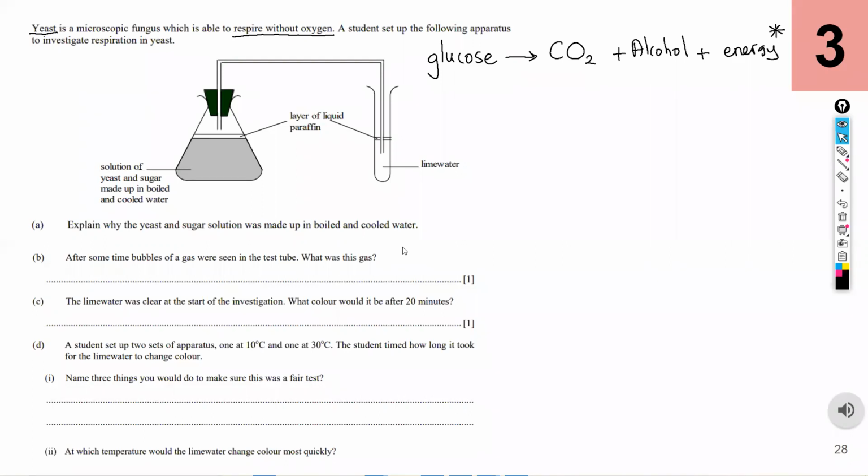You don't want anything other than yeast in that water. So other types of bacteria which could affect the final results, you want to boil the water and kill off all of those other bacteria because that could contaminate the experiment. And I'm sure everybody knows by now, when you boil water, you kill off all the bacteria and whatnot.